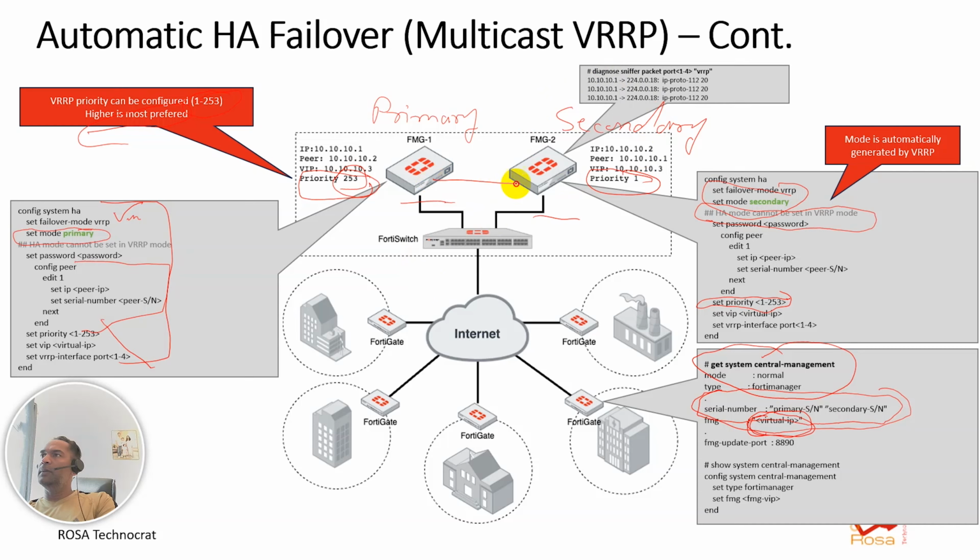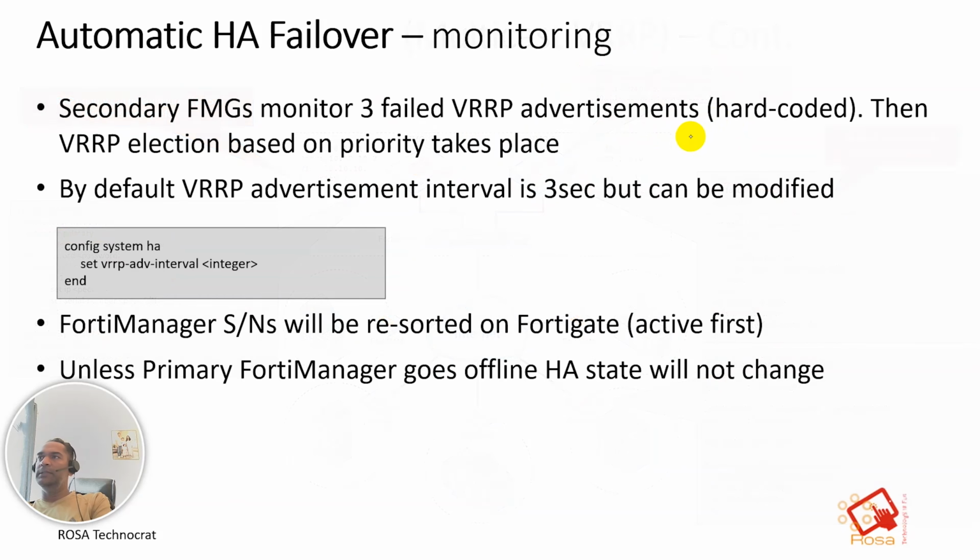When you talk about the communication between these, if you take a sniffer on the port, you will see both the boxes communicating using the multicast IP address to send the heartbeat or keepalive between the devices. The secondary FMG monitors 3 failed VRRP advertisements.